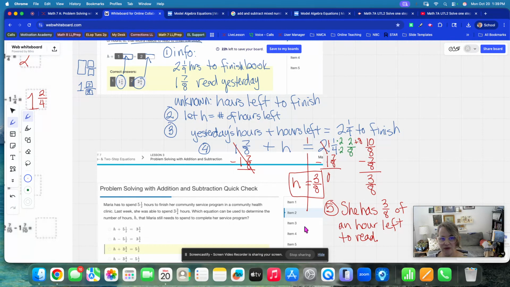Okay, so does that make sense? If it was 2 1/4 hours total, she had already read 1 7/8 of an hour. 7/8 is almost a whole. So she had read most of the book already. I'm going to say this kind of makes sense, because she had already read most of the book. She just has a little more to go. And that's our 5 steps of problem solving.